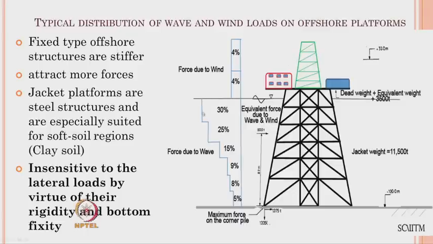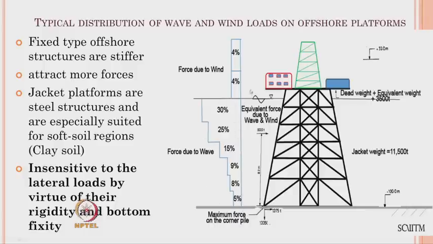If we talk about the wave force distribution along the water depth, this is my mean sea level or the free surface level, this is my seabed where the jackets are anchored to the sea floor using piles. So, the wave load distribution is maximum near the free surface and is practically 0 as it goes deeper and deeper.